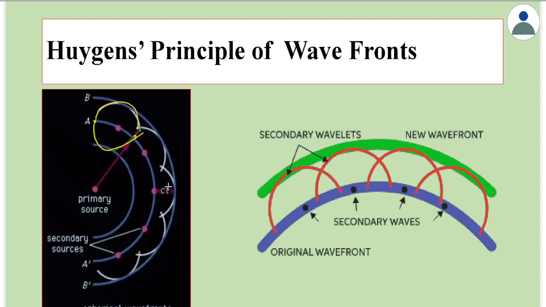So Huygens himself told that the backward secondary wavefront doesn't exist, which means this part will not exist. Whatever exists would be only the forward secondary wavefront, which moves forward. So this is how the wave propagates according to Huygens.